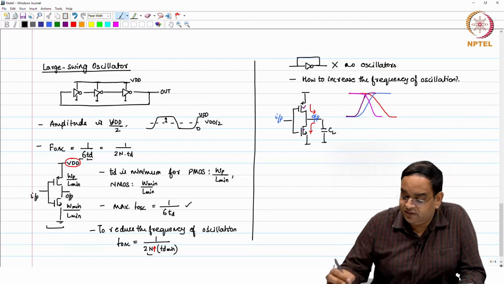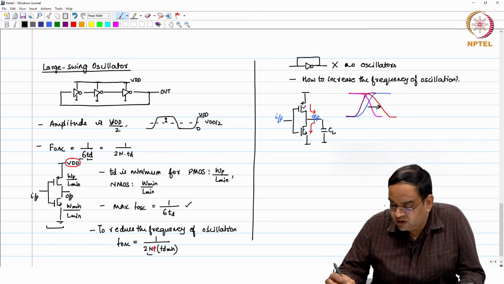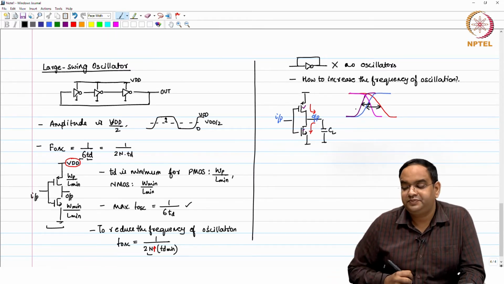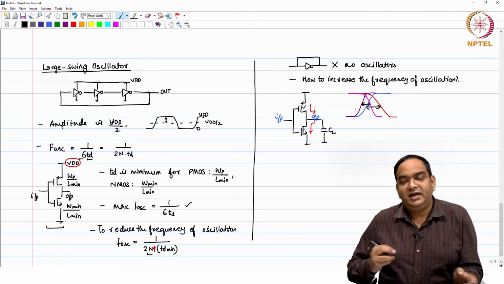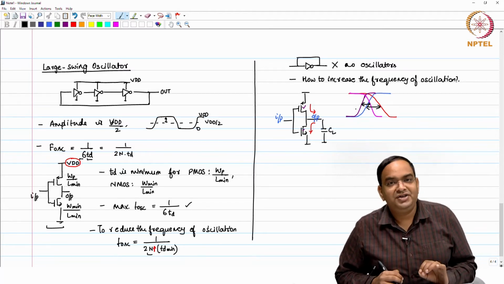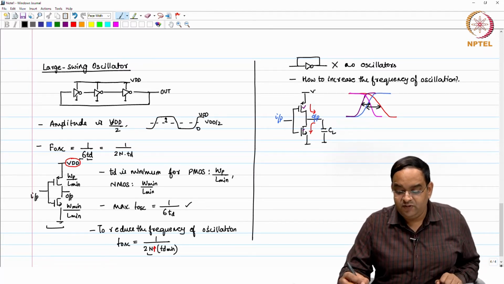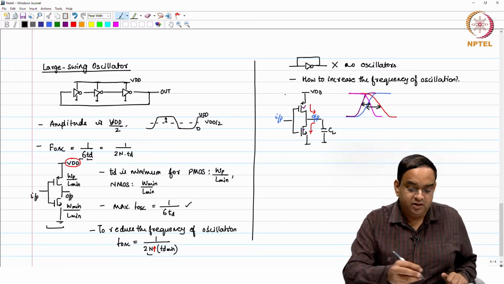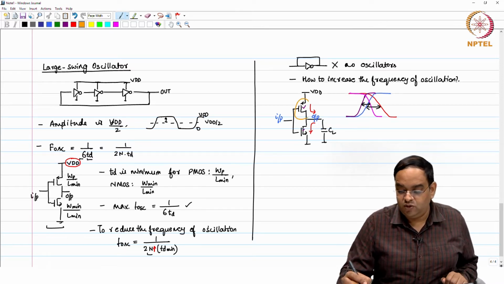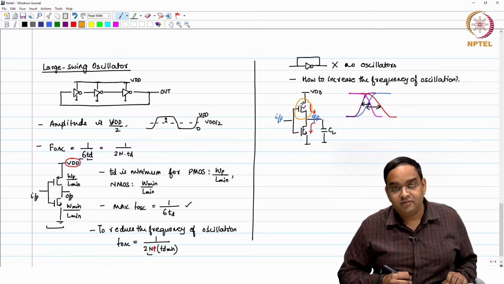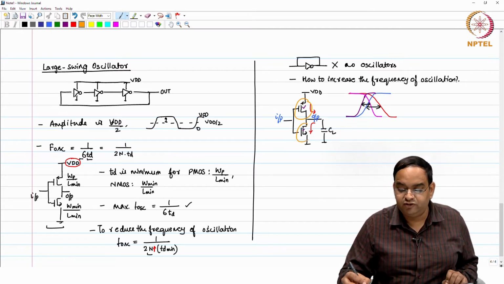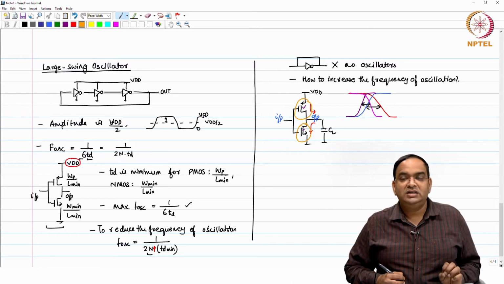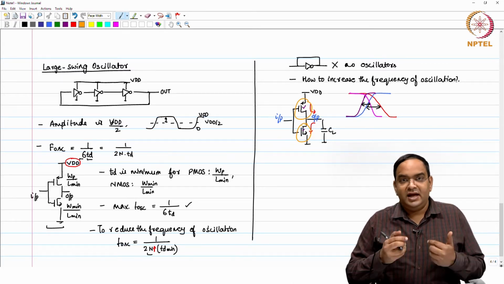Then I can say I reduced the delay to only this much. That can happen if you increase the VDD of the inverter, and as you increase VDD, your NMOS and PMOS are going to work with larger overdrive, larger gate to source voltage.